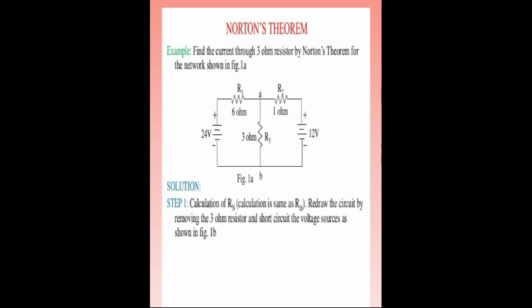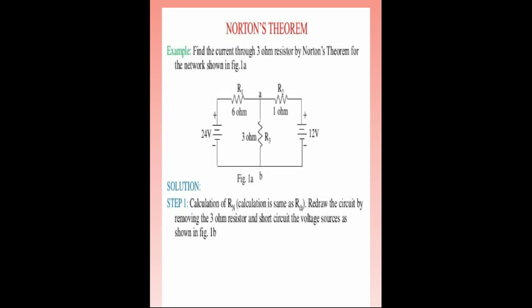So, in the given network there are two sources. One is 24 volt and the second is 12 volt. There are 3 branches and the resistances connected are 6 ohm, 1 ohm and 3 ohm. We have to find the value of current in the 3 ohm.